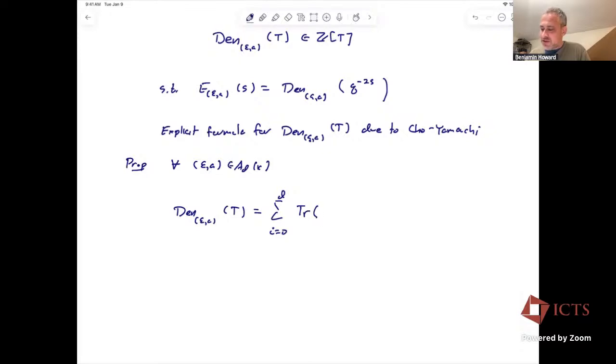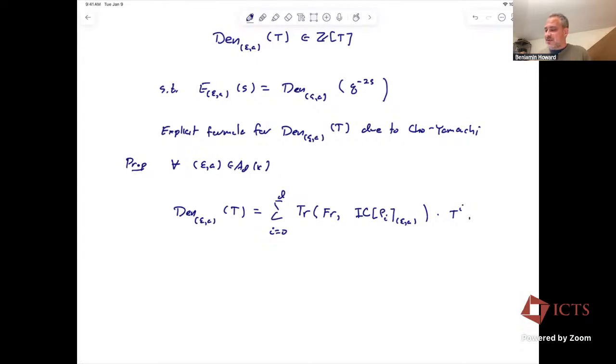This polynomial corresponding to E is, well, you take the trace of Frobenius acting on this sheaf that comes from this representation rho_I of W_D that I defined earlier. That's it. These representations rho_I of W_D determine sheaves.